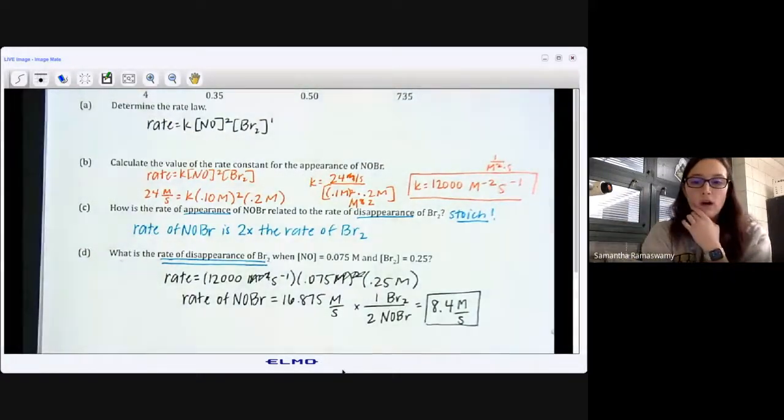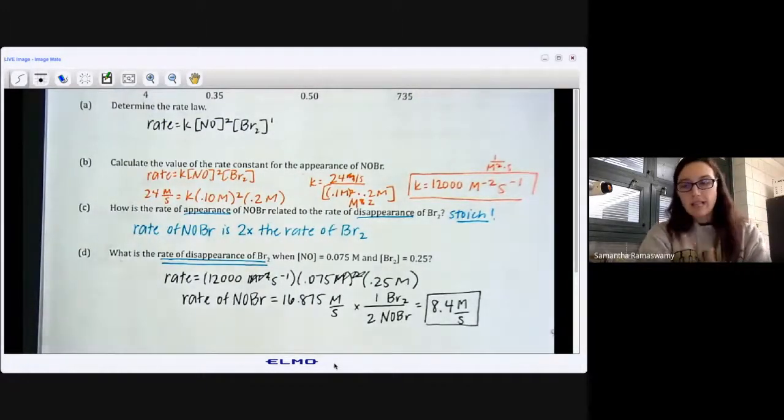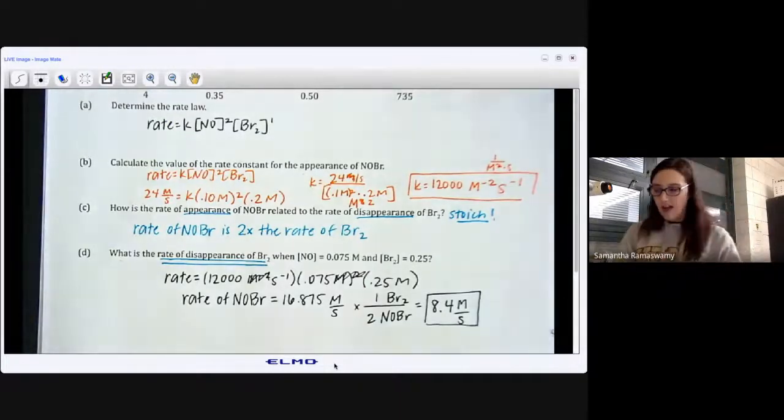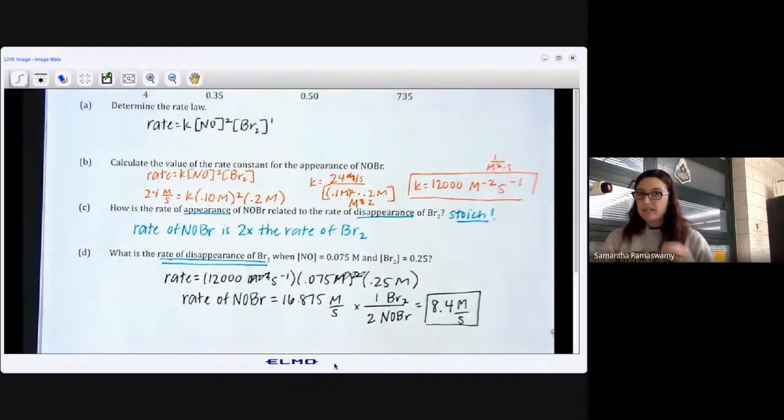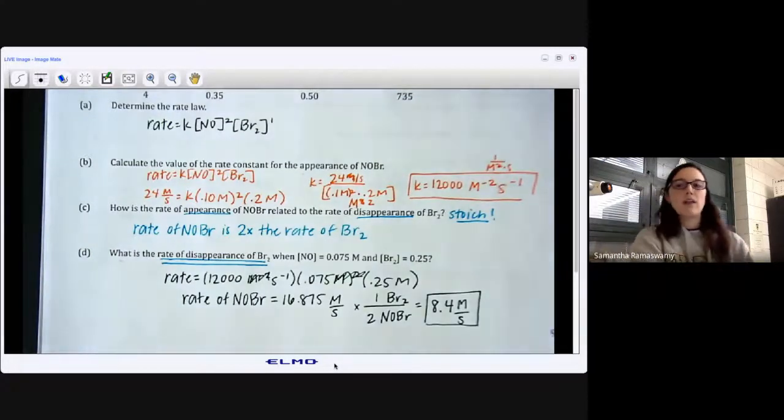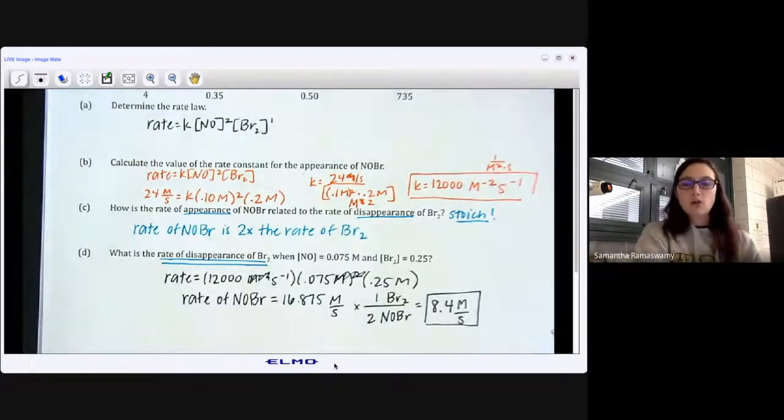I do want to answer any questions. And then I know there's only about 10 minutes left. I know this was example heavy, but this is the best way to at least start getting acclimated with rate laws. So before you guys start working, I do want to look ahead.